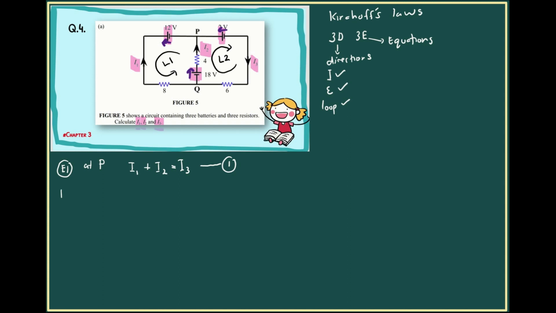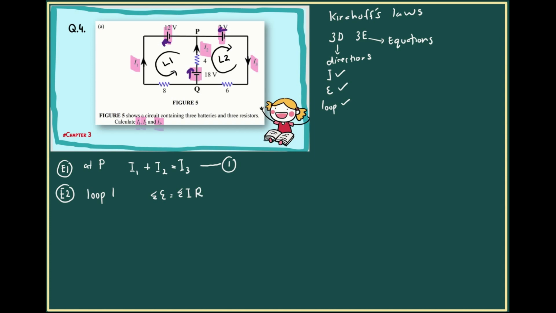To get the second equation, we choose one of the loops. Let's say we choose loop 1 first. We're applying the second law, summation of EMF is equal to summation of IR. We have to always compare the direction.